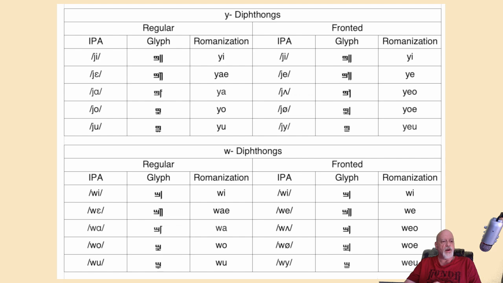So we have, for the regular Y diphthongs, Yi, Ye, Ya, Yo, Yu. For the fronted ones, Yi, Ye, Ya, Yer, Yu. For the W diphthongs, in regular, We, We, Wa, Wo, Wu. And for the fronted ones, We, We, Wa, Ver, Ru.